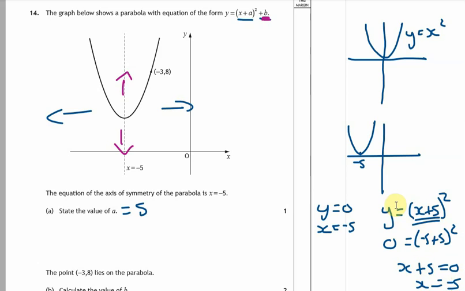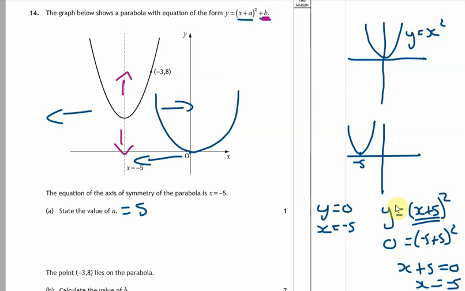So have a guess. It's going to be 5 or -5 because that's how much it's moved to the left. Because a standard y is equal to x squared graph would be in here, would be kind of in here. It's actually harder to draw than it looks.